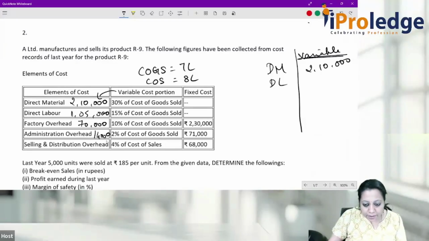So 8 lakhs into 4 percentage, 32,000. Any doubts anyone is having? No? Okay. Now we will proceed.